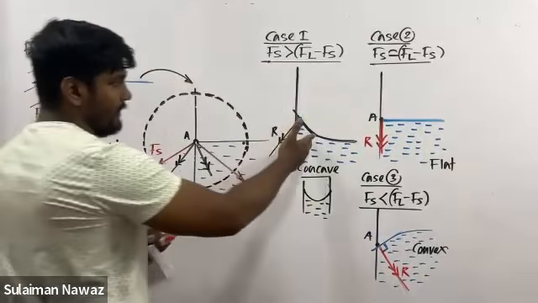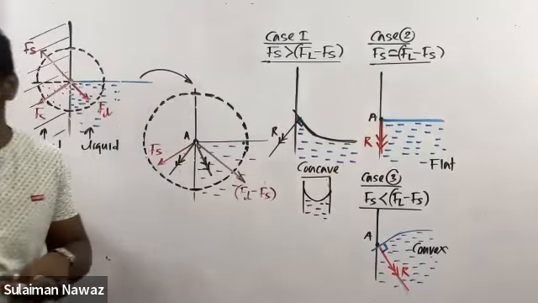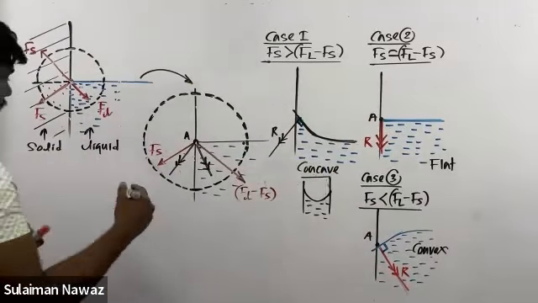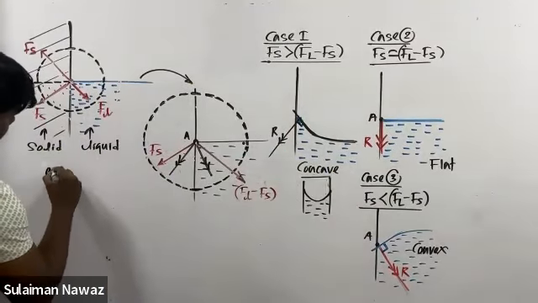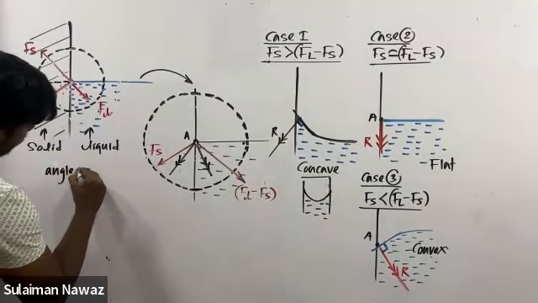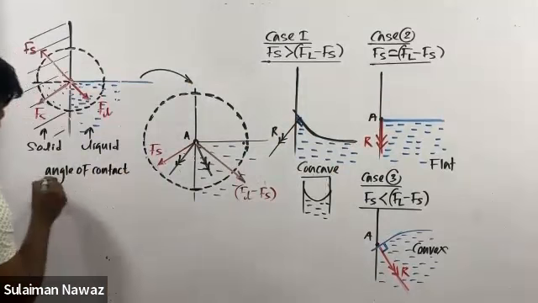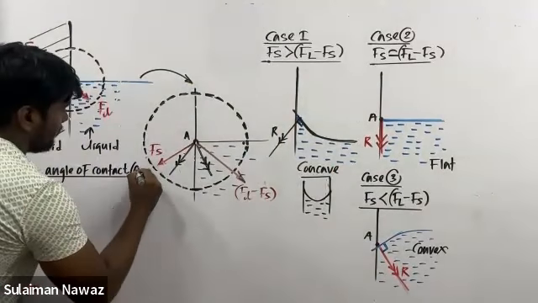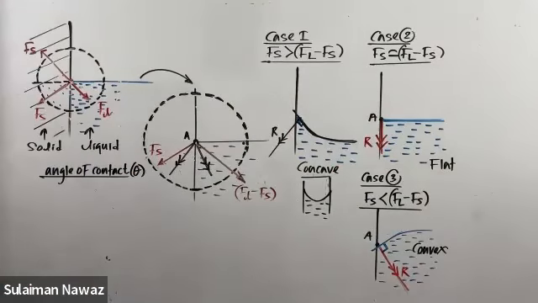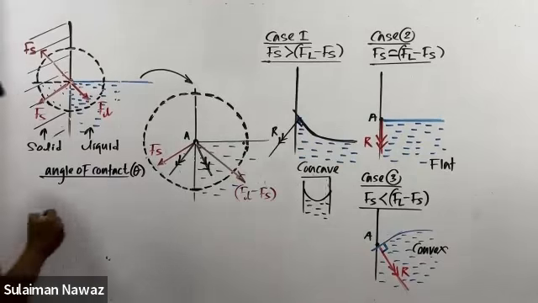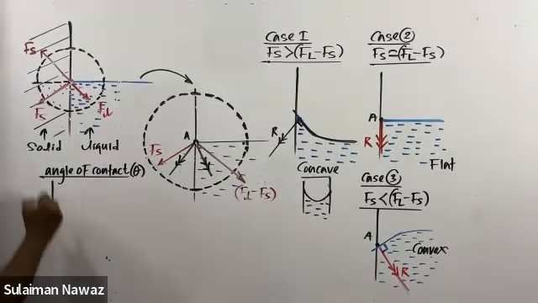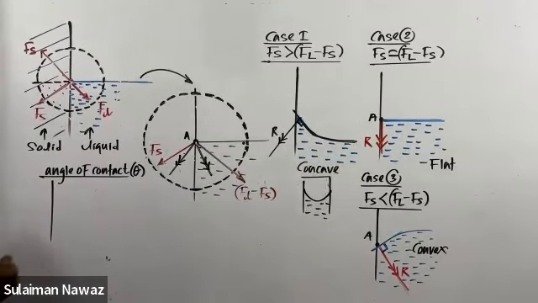Now we know convex, concave and flat. Angle of contact, theta. In this case, this is my solid wall, right?